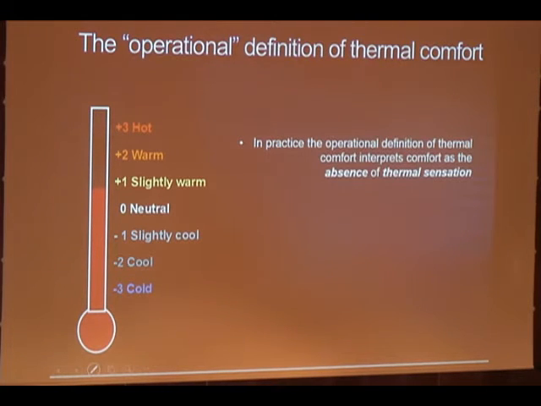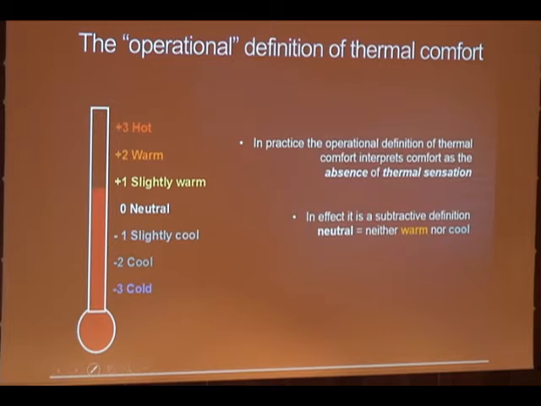The rating scale that we use for thermal sensation has been referred to several times this morning already. It's a 7-point rating scale, but the midpoint has no reference to satisfaction at all. The optimum score on this scale, as it's used by engineers, is neutral.